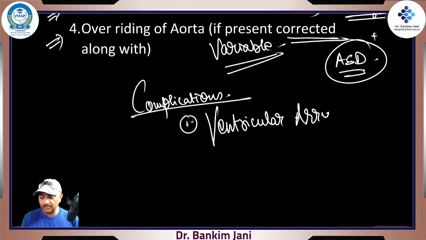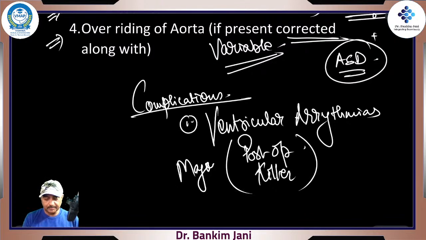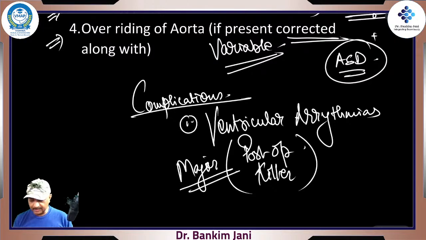This is one of the major post-op killers. So when death occurs, most probably it is because of ventricular arrhythmia. No doubt there are some other complications, but this is the vital one.